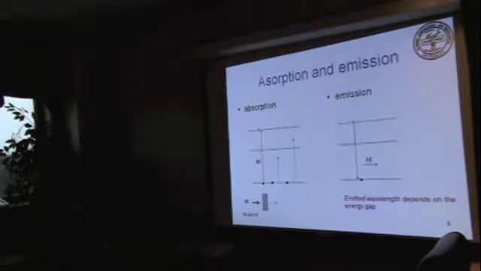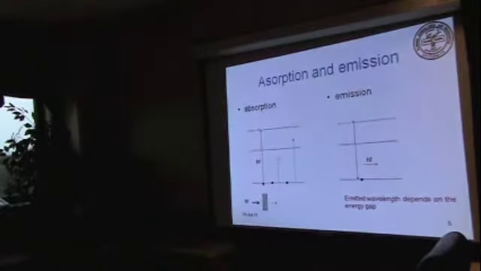So you have a material, and you shine light. Whether the light is absorbed by the material or transmitted depends on the following. If the light has a frequency f, then hf is the energy. If the energy is sufficient to bridge the gap between this level and that level, then the electron goes to the upper level.